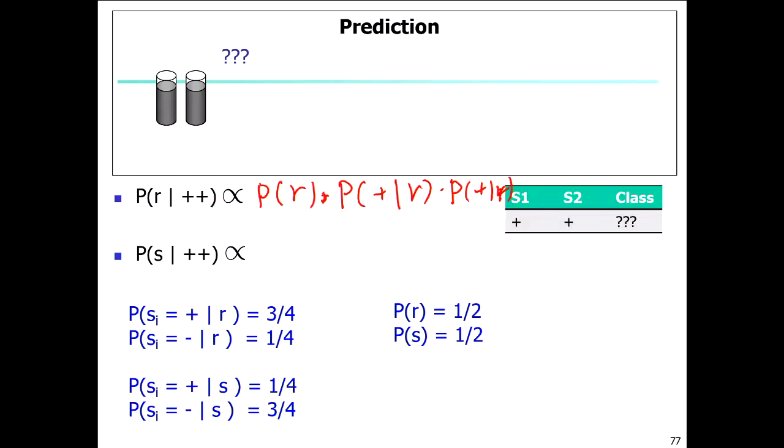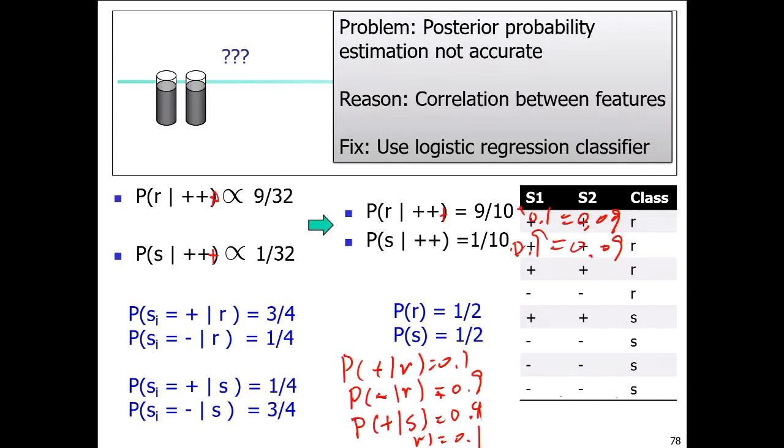You get both of them as 0.09. But the real probability, if we consider only one of S1 and S2, according to here, it would be 0.09.